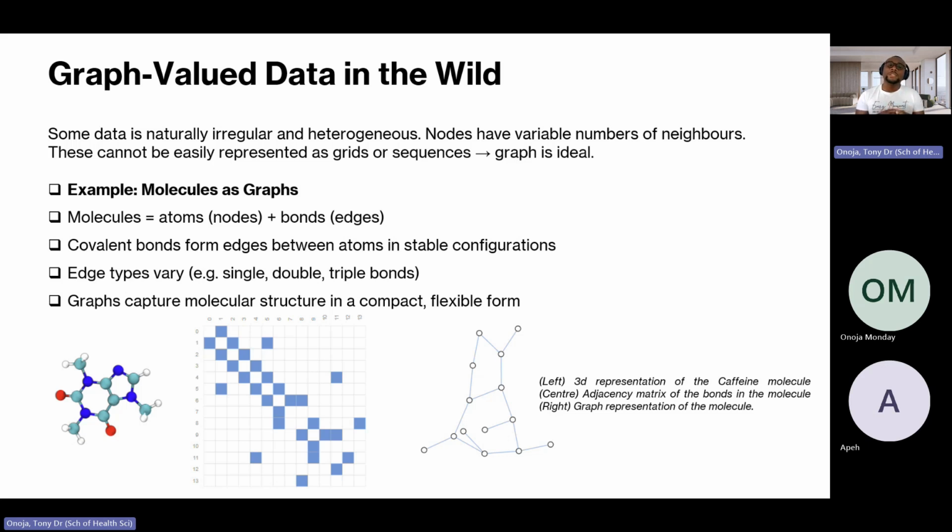Now, an example is the molecules in chemistry. When you look at the atom in chemistry, you would see the molecular structure. I don't know if you still remember your chemistry, but I remember doing carbon or something. We call it organic chemistry.